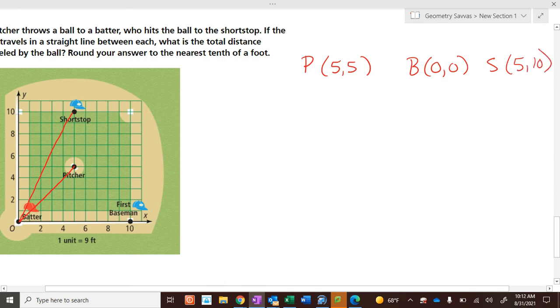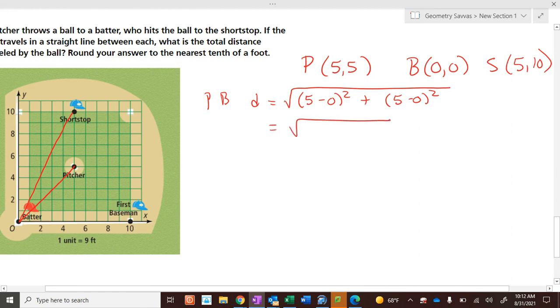How far did the ball travel? Well, you got to figure out two distances here. So from P to B, that distance is the square root of the x's subtracted, 5 minus 0 squared, plus the y subtracted, 5 minus 0 squared. 5 minus 0 is 5. 5 minus 0 is 5.